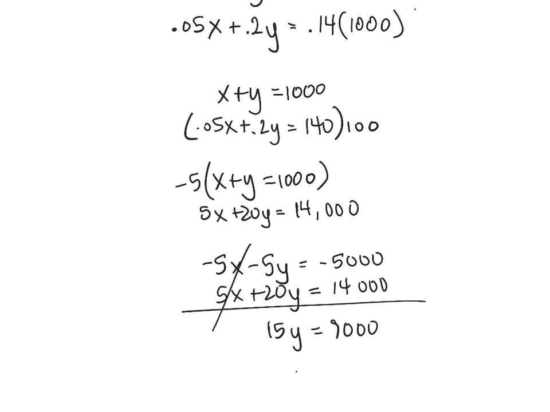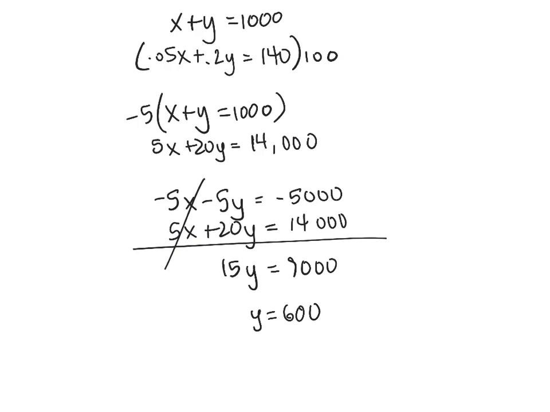And 9,000 divided by 15 is 600. And remember what y is. y is the number of milliliters of the 20% solution. So according to this, what we need is 600 milliliters of the 20% solution.